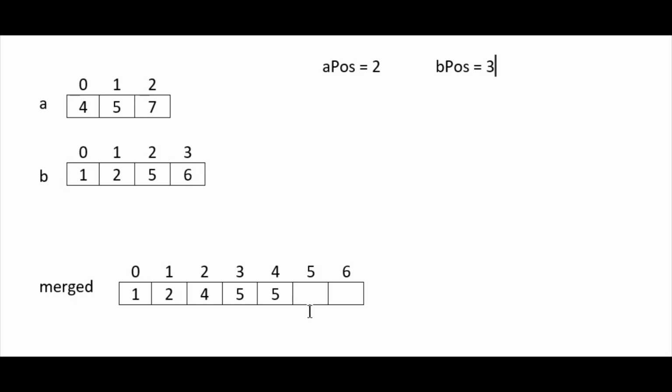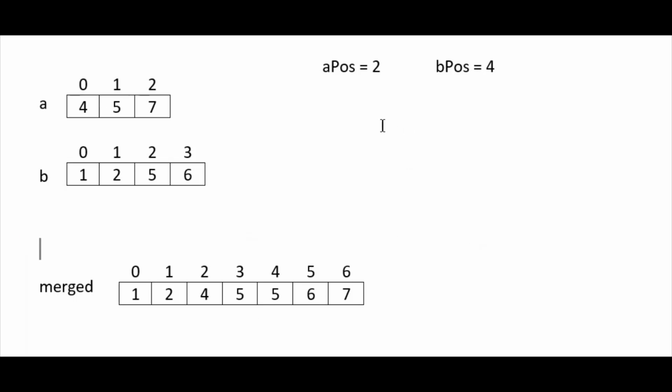The thing at B is smaller, so I will take from B, increment B. Now there's not even any comparison because B has gone past the end of the array, so I automatically have to take from position A. All right, and I'm done, right? I've iterated all the way through.